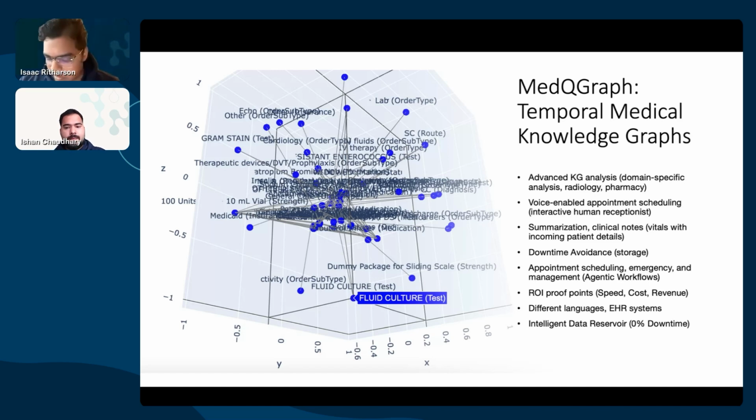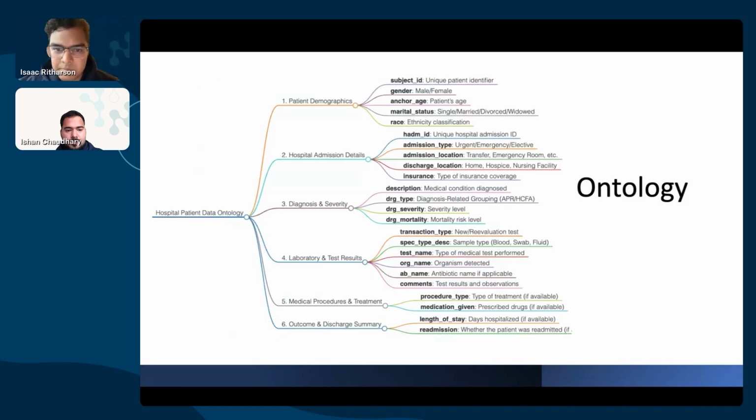Downtime avoidance is enabled through the 0% downtime available on Neo4j databases. Appointment scheduling and management is also included, which helps us with saving costs, improving revenue, and saving a lot of lives as well. And there's also a need for different languages in EHR systems, which provides a global framework where people and hospitals from different regions can use the software.